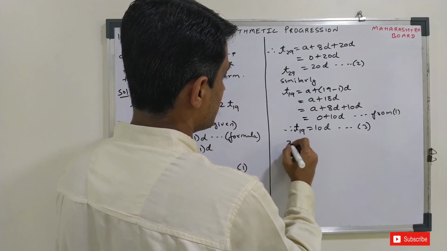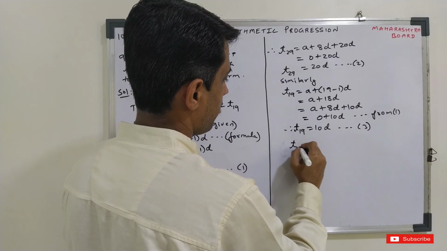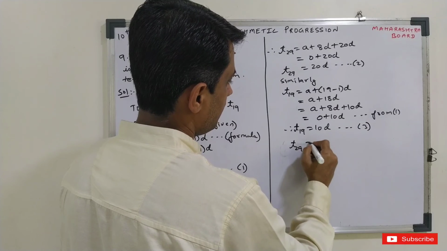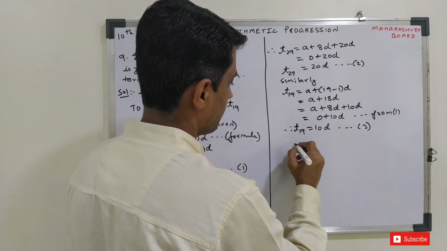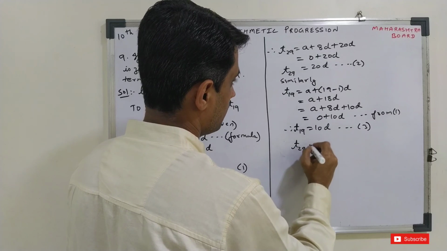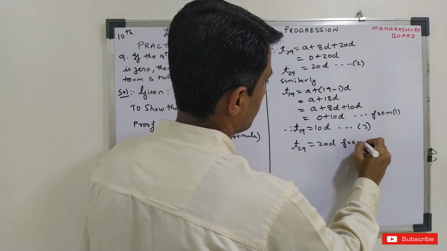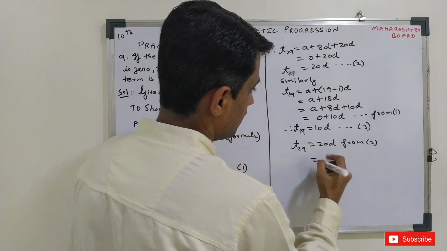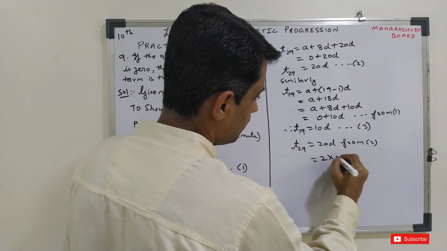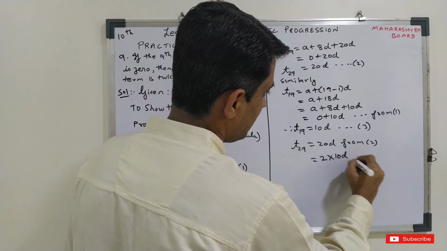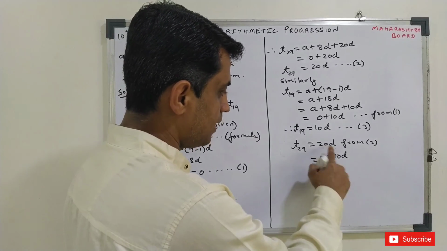Now let us start with T29. T29 is 20D from 2. This 20D can be written as 2 into 10D. Yes, 2 into 10D. 2 into 10 is 20.